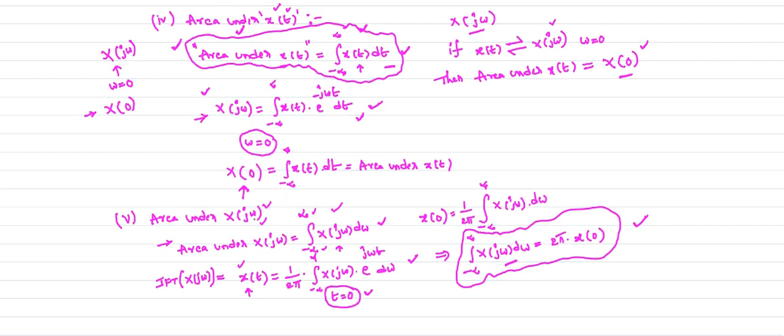This is about the area under X of j omega and the area under x of t: how to calculate the area under the time domain signal and how to calculate the area under the frequency domain signal. So this is about the fifth property of the Fourier transform.